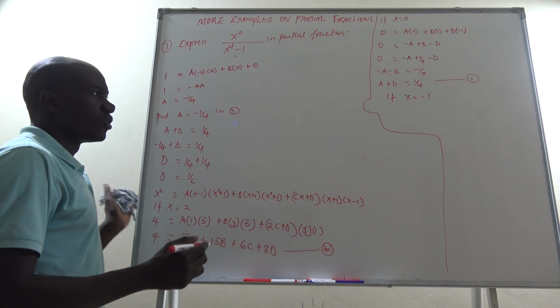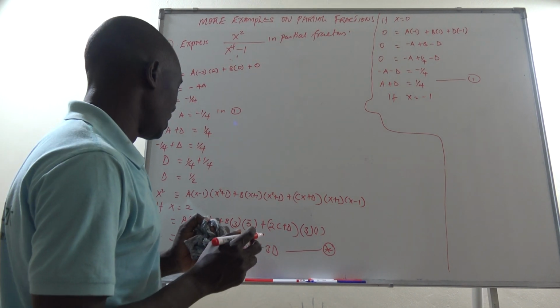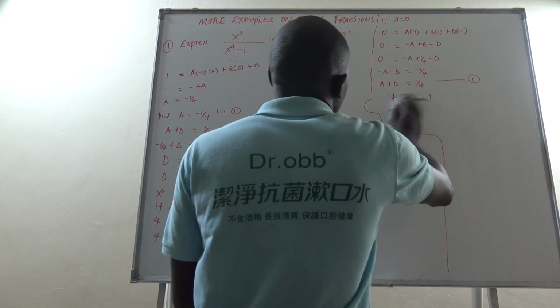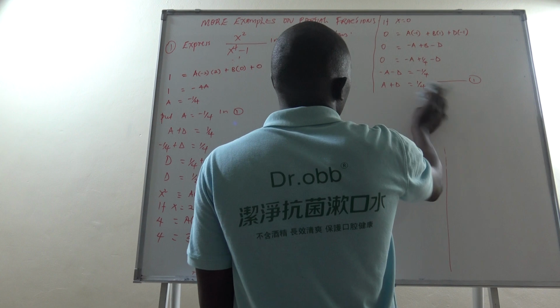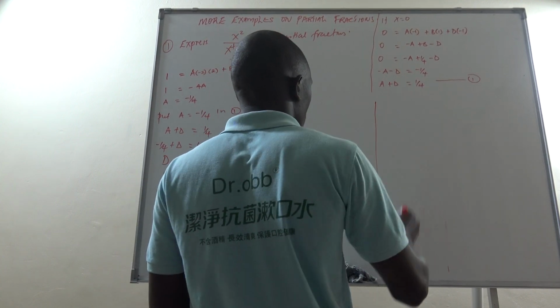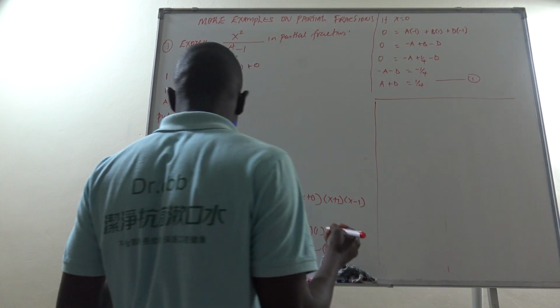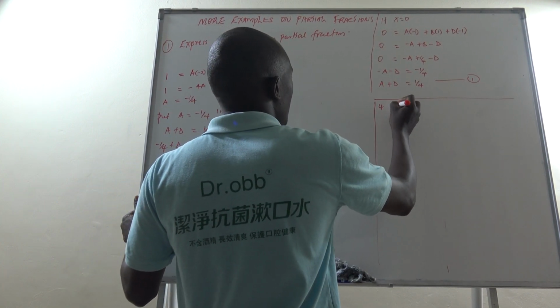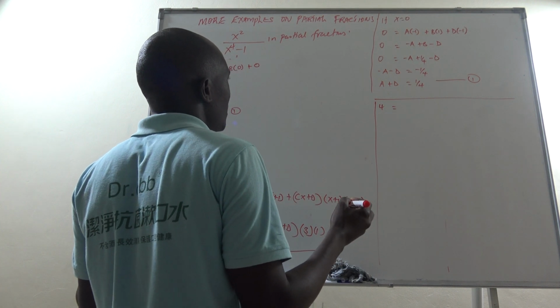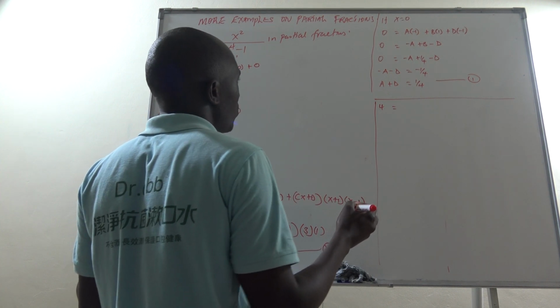Now, we are going to put all the unknowns which we have been getting in this equation. So can we substitute them there? We substitute them there. Do we know the value of a? A is already negative a quarter.